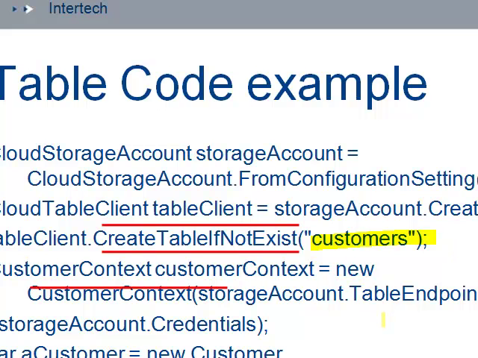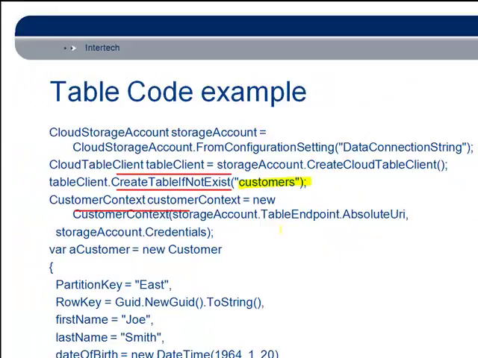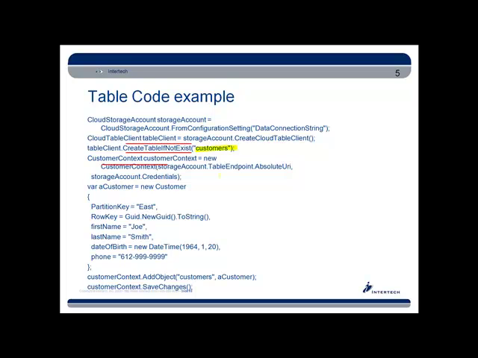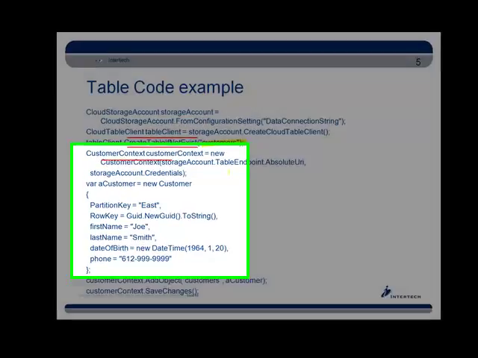Next thing we'll do is create what's known as a context object, in this case a customer context object. For those of you who've worked with ADO.NET, that name might sound a little bit familiar. Essentially, it's very similar to, if not identical to, the concept of a data service context, essentially a wrapper to provide all sorts of access to our data, in this case tables. With that customer context object, what will we do?